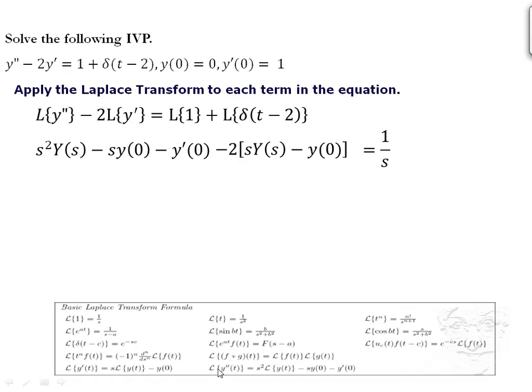And we also have that in our formula sheet. See, here's our delta function. Laplace of delta of t minus c is e to the negative sc. So in this case, it's going to give us plus e to the negative 2s.